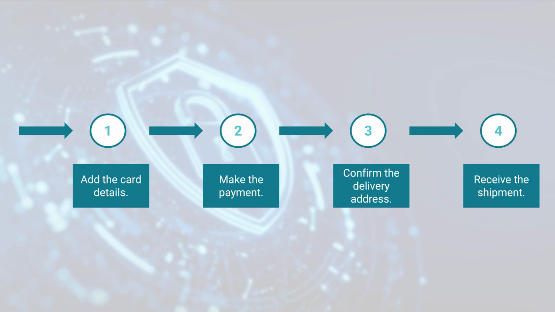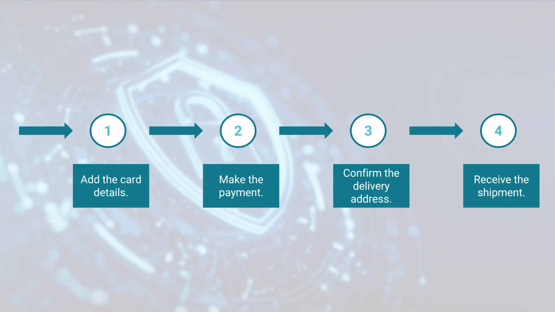In the second step, you pay, and then we have a third option that says, confirm your delivery address, and then it would be shipped to you and you'll receive the shipment. The assumption is that the software developer assumes you'll go through card payment, confirming the shipment address, and then delivery, right?